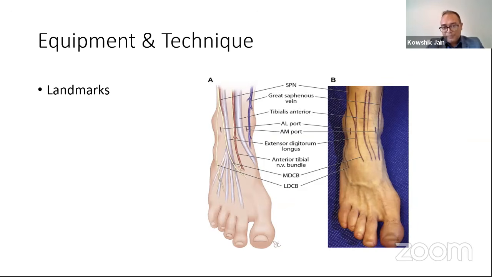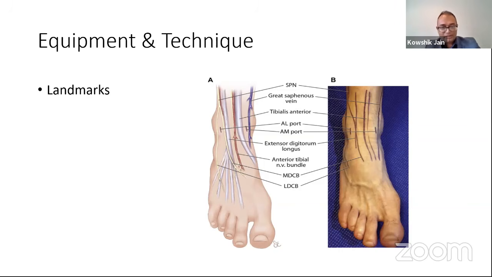In this diagram, on the medial side, you're seeing two big tendons. Those are the two most important. One is tibialis anterior, and the second one is extensor digitorum longus. The first portal you make is called the anteromedial portal, and this is just medial to the tibialis anterior tendon.